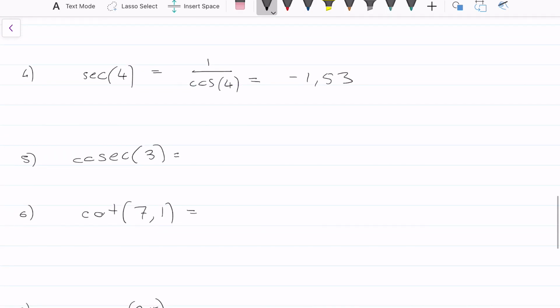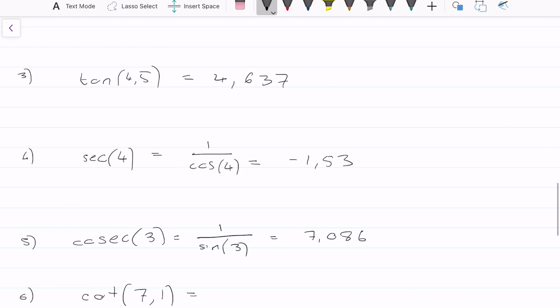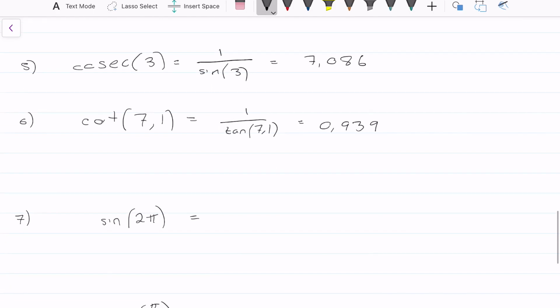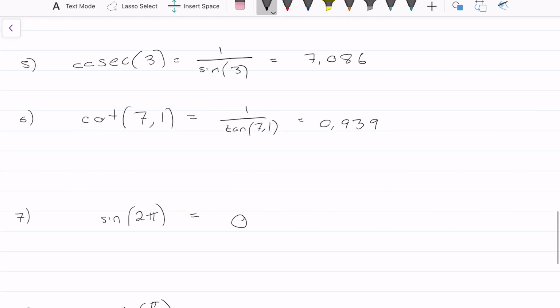Then cosec: the relationship is 1 over sine of that angle, sine of 3, which is equal to 7.086. Cot of 7.1 is 1 over tan of 7.1, which is equal to 0.939.